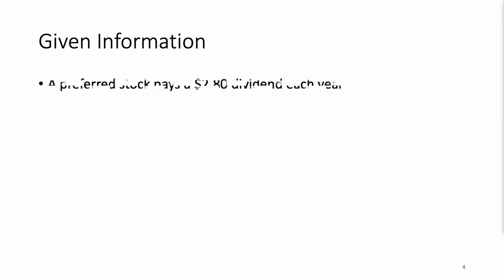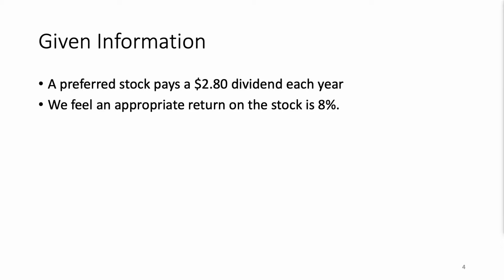So with the given information, we'll do an example. A preferred stock, for instance, pays a $2.80 dividend each year. We feel an appropriate return on the stock is 8%. In other words, when I think about buying it, I think, yeah, I'll buy that stock given it returns 8%. So I really want to know what price the stock should sell for so that I get 8%, so that the $2.80 dividend is 8%.